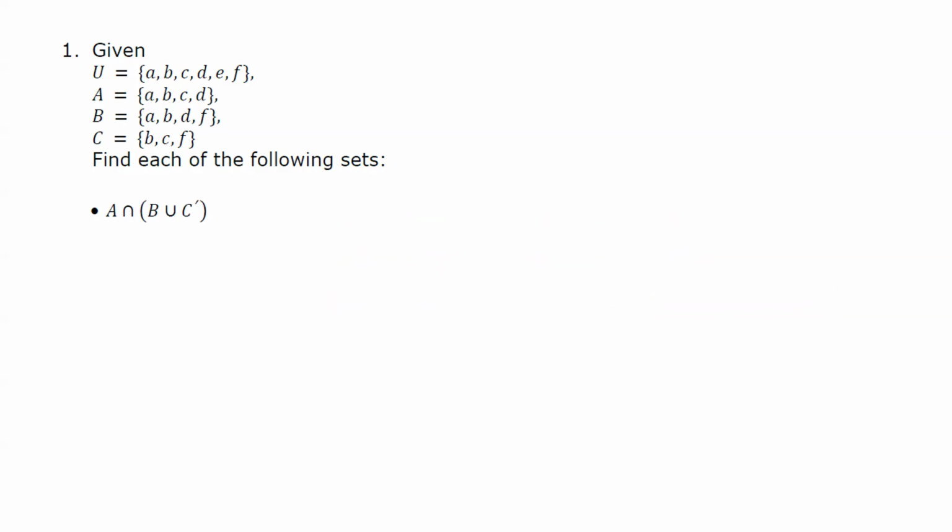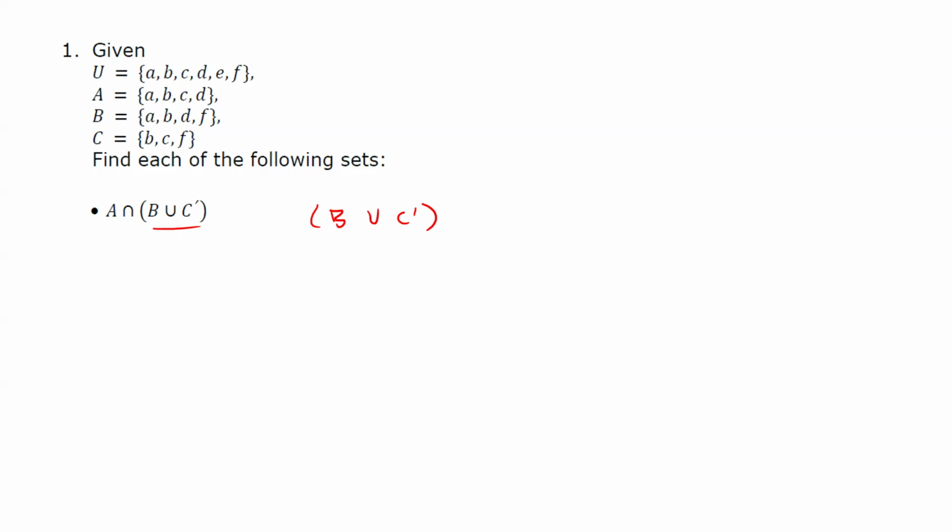All right. It's a little bit more tricky. That's okay. We got this. We first are going to start off with what's in the parentheses. So B union the complement of C. Okay.